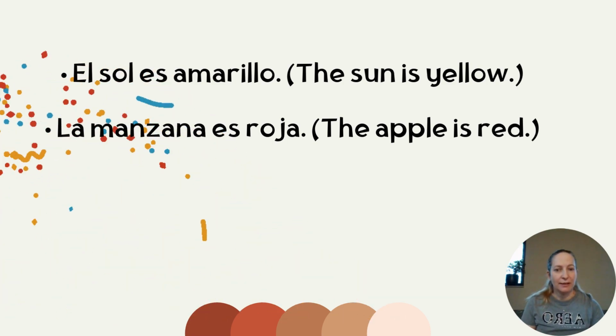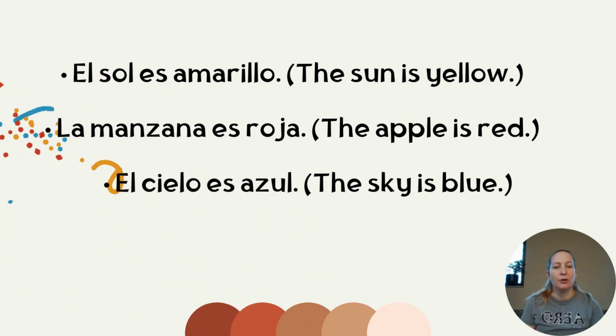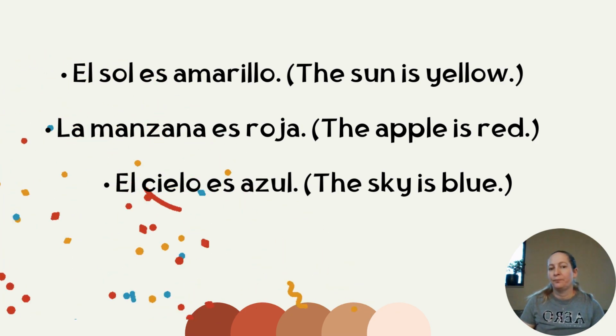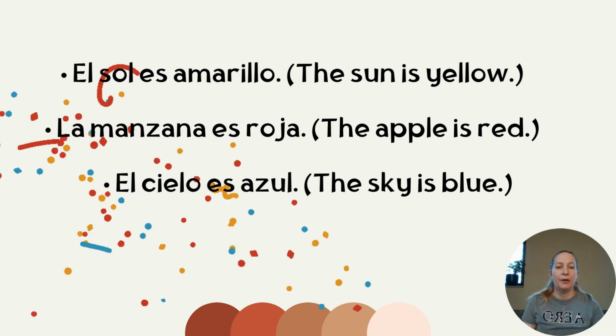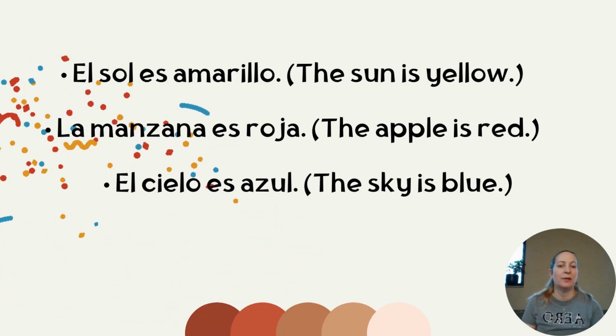If it's masculine, el cielo es azul, the sky is blue, you can see that we change. It's now el cielo, but it's still only one. That's why it's es and azul at the end. Azul, you don't see an a or an o at the end. You have to remember, usually when it's not ending with any of those, it's masculine.